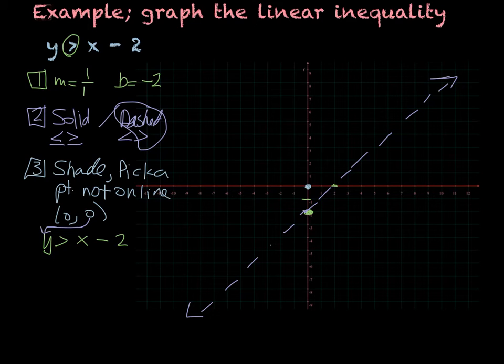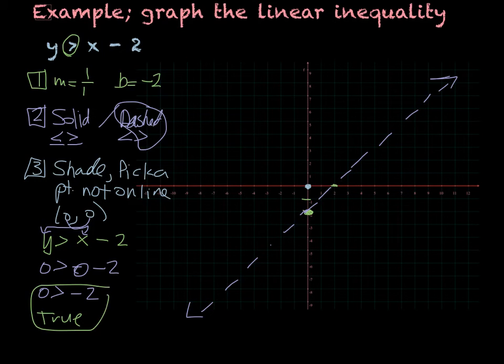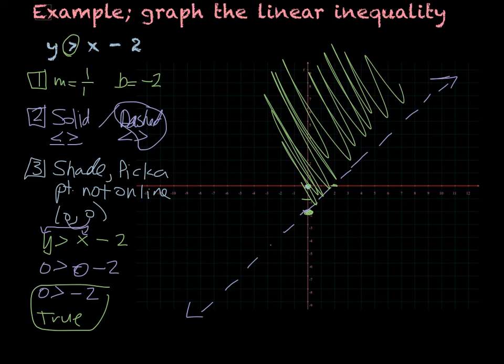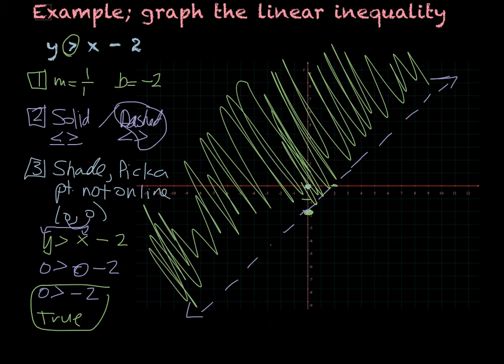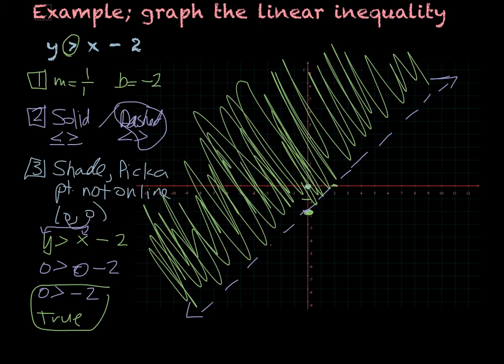Put that one in for y. Put that one in for x. And I have 0 is greater than 0 minus 2, or 0 is greater than negative 2. This is once again a true statement, because 0 is bigger than any negative numbers, so I'm going to shade on that point. And that would be your final answer.